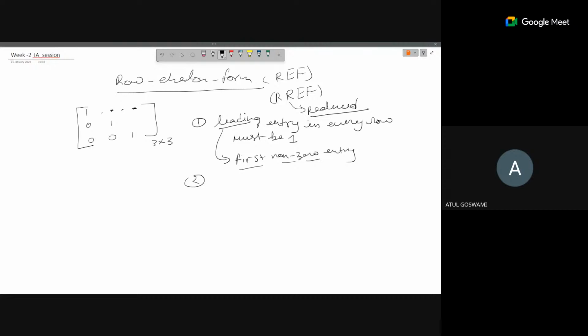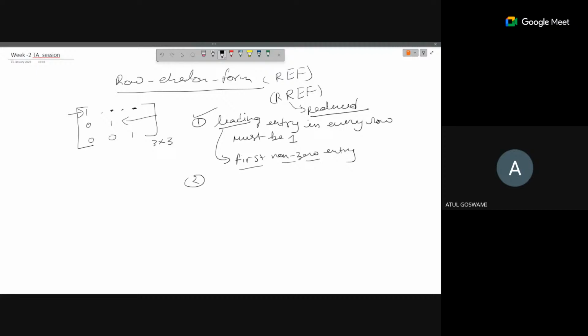So basically, the leading entry in the second row is to the right of the leading entry of the previous row. Clearly. So it is like an upper triangular matrix only? Yes, an upper triangular matrix, but with this leading entry concept.